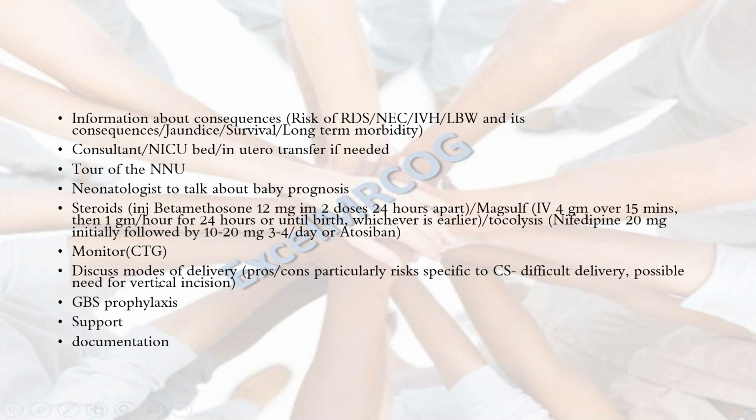Monitor on CTG. Discuss the modes of delivery as well. The baby may be in breech, baby may be transverse. You do not know. So there may be obstetric indications for a cesarean section.